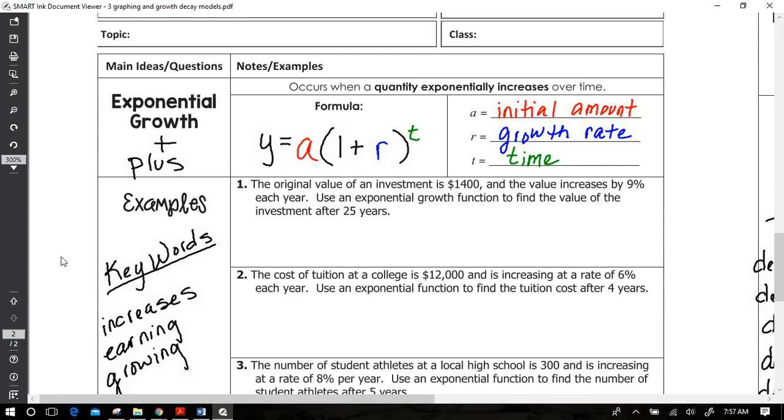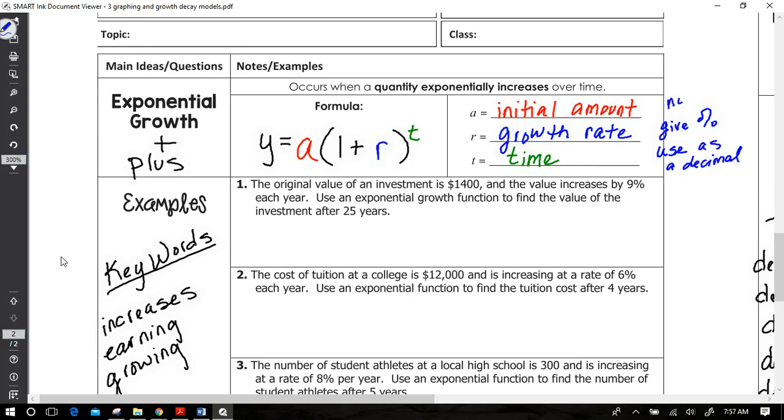So let's talk about what the parts and the letters mean here. The A is our initial amount. The R is our growth rate, okay? They will give it to you as a percent, but we will need to use that growth rate as a decimal.